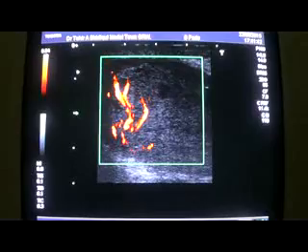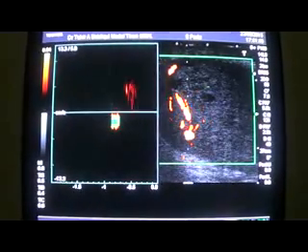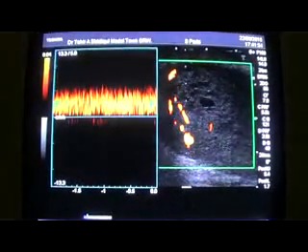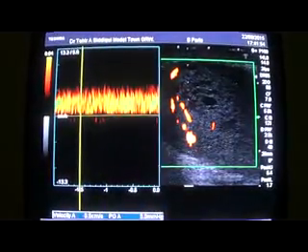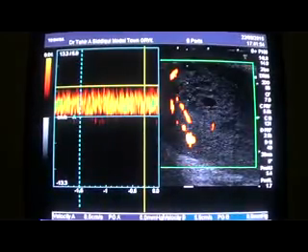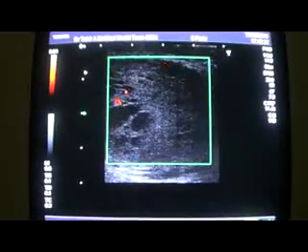See the velocity of blood flow in this vessel, approximately 5.9 centimeters per second. Okay, let's try to trap some other vessel as well that can give us a little better information.